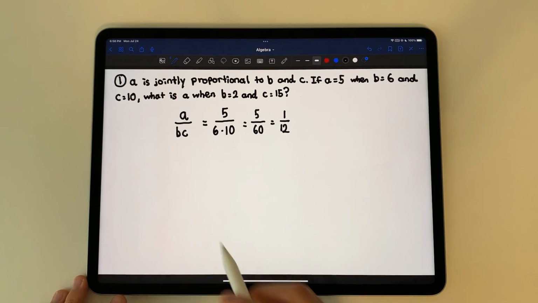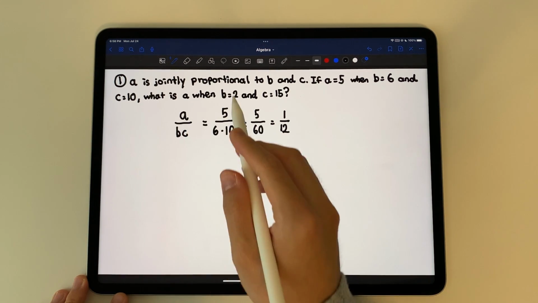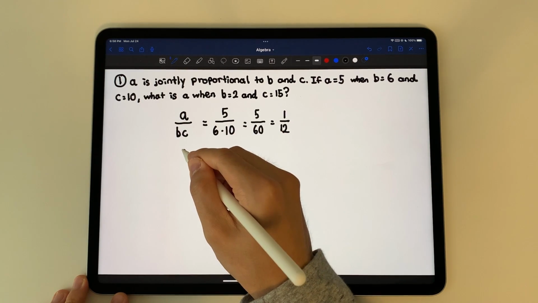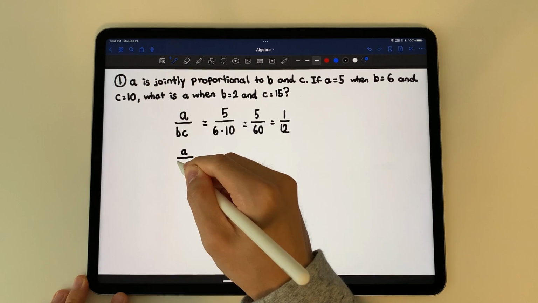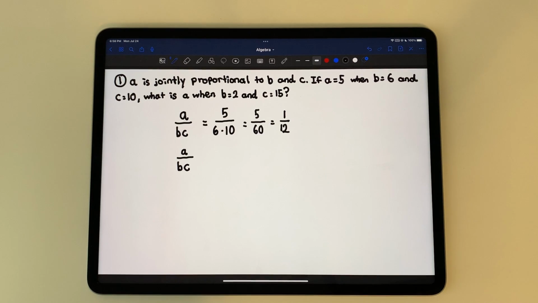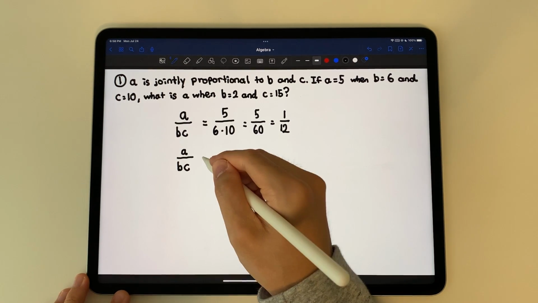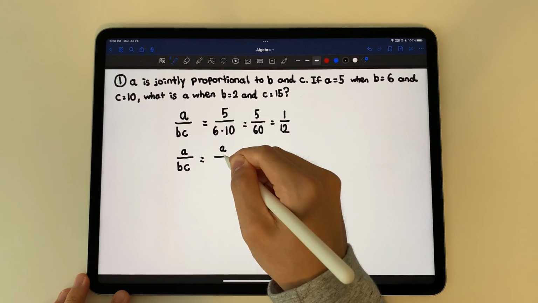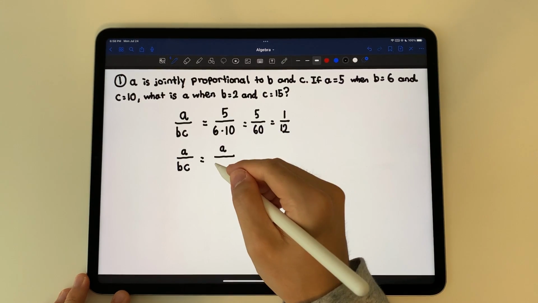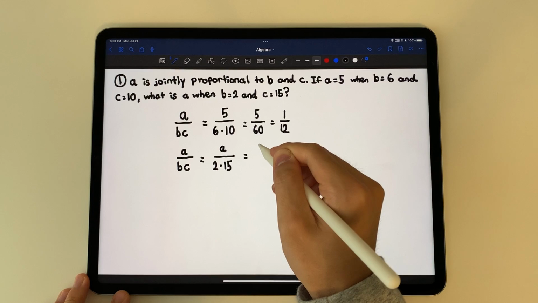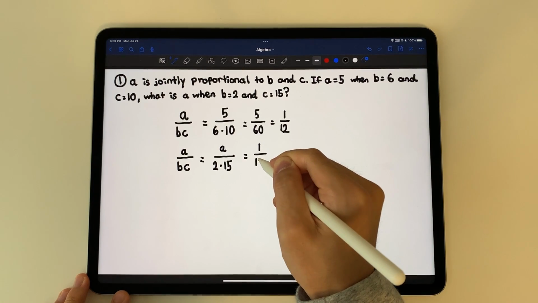We need to find the new A now when B equals 2 and C equals 15. So once again, since A is jointly proportional to B and C, A over BC is equal to, we need to find the new A, over 2 times 15, and this has to equal 1 over 12.